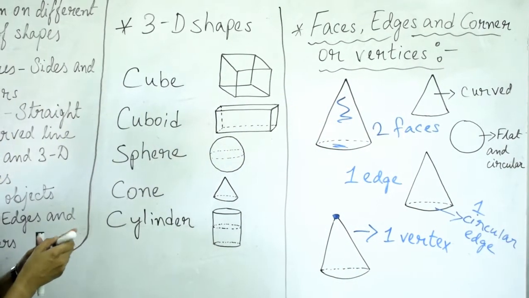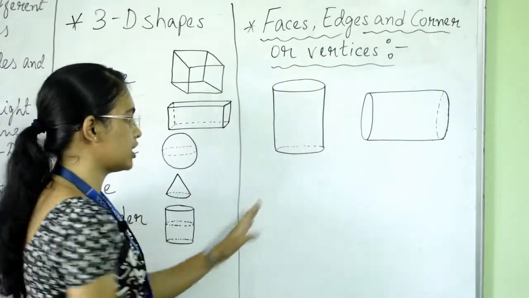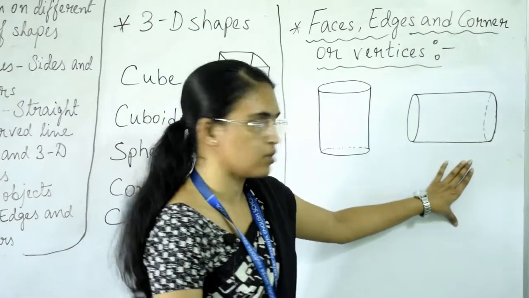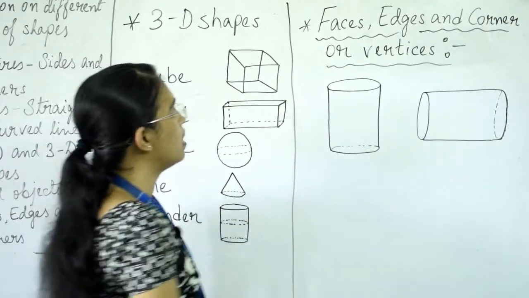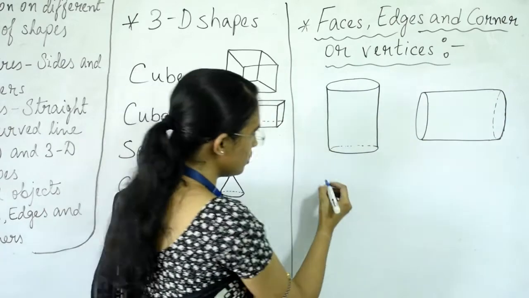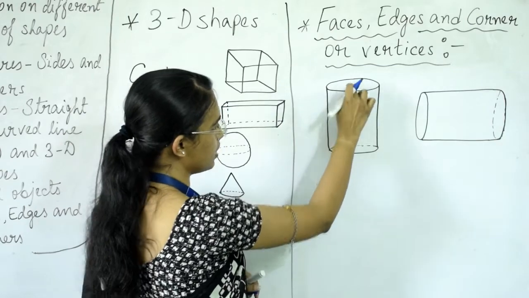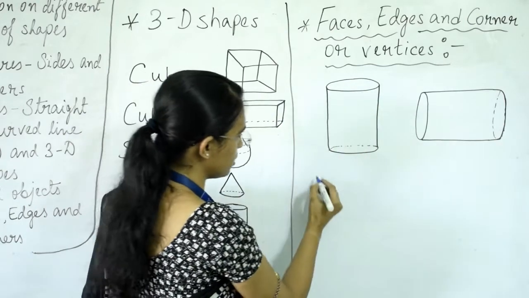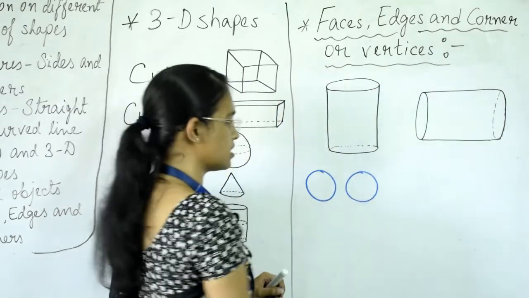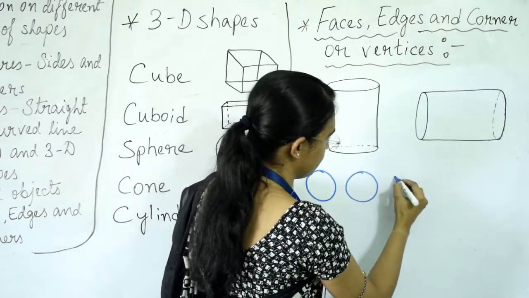Now we will learn about the cylinder. So what is this? This is another shape, that is a cylinder. This is also a cylinder, this is also a cylinder. So in a cylinder, how many faces are there? If you break the cylinder, you will get two flat circular faces and one curved face like this.